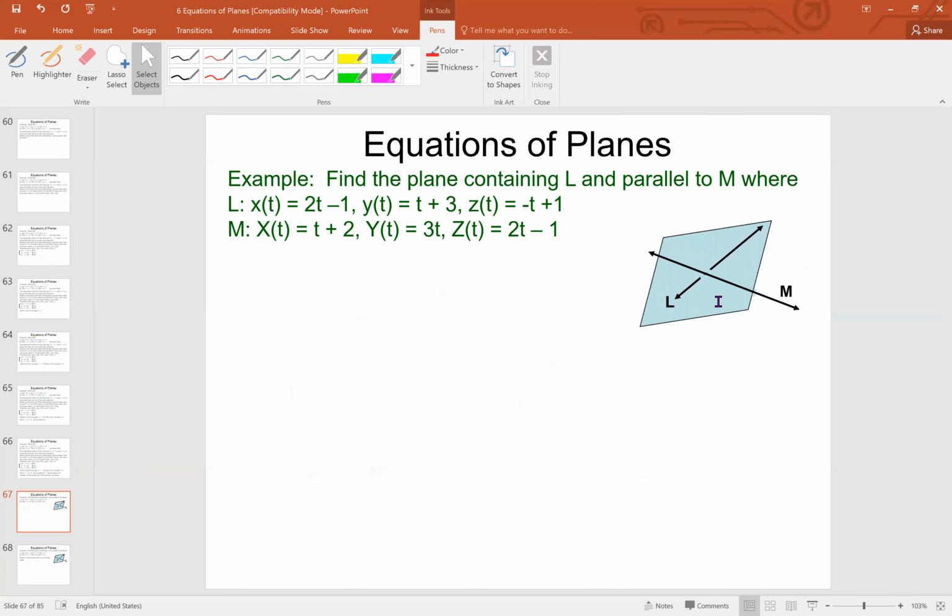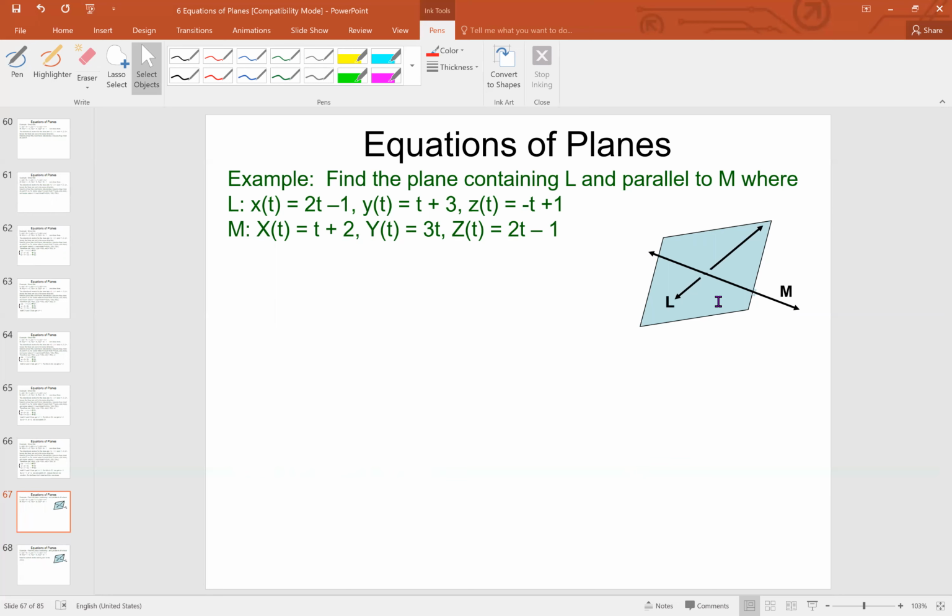The next question is the one about the parallel planes. Now let's find the plane containing the line L that does not intersect the line N. Again, we need a point on the plane and we need a normal to the plane. Think about what a normal is. That plane is formed by the two directions of these two skew lines.